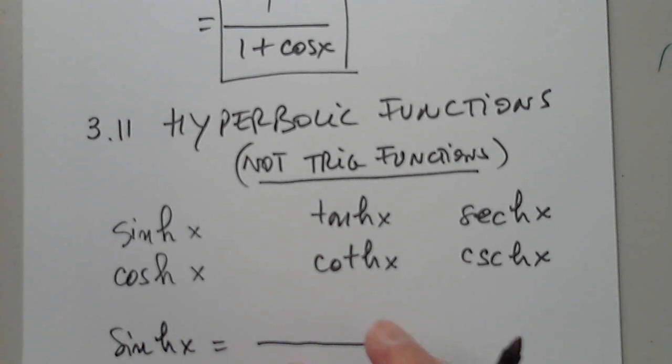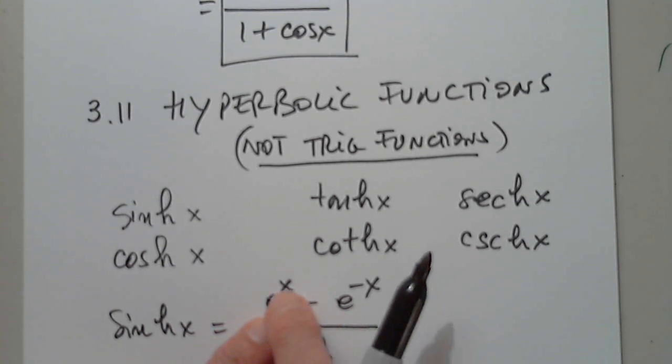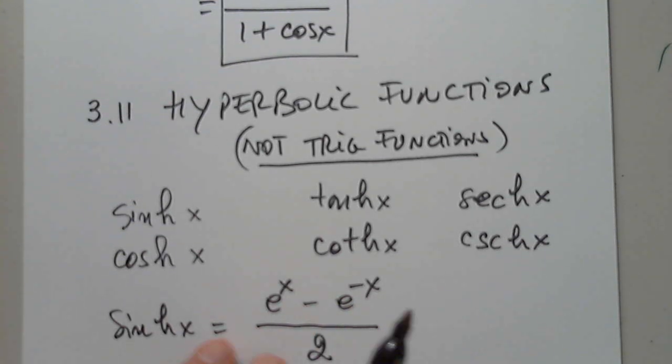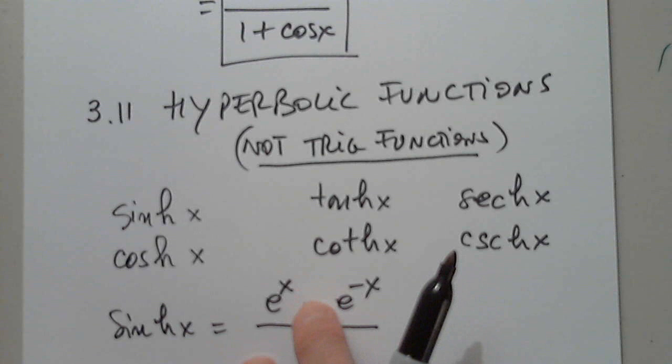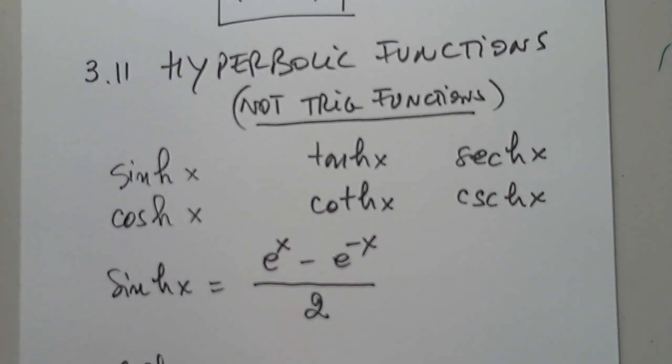So what about hyperbolic sine? It's a combination of exponential functions, actually. It's e to the x minus e to negative x divided by 2. So as you see, it's a difference of exponential functions, one with power x, the other one with power negative x, everything over 2. Cosine is the same, but with plus here. So hyperbolic cosine is e to the x plus e to negative x divided by 2.